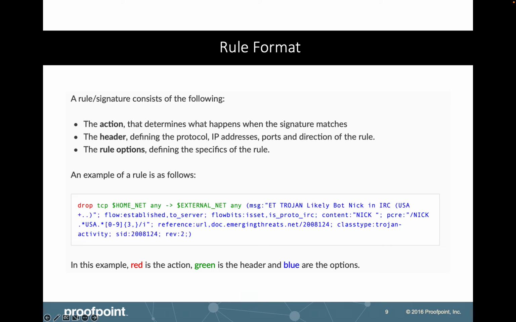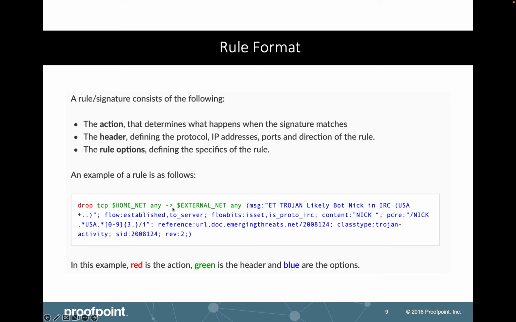The header defines the protocol, the IP addresses, ports, and direction of the rule. So TCP in this case is the protocol. HomeNet is basically a network variable that I talk about a little more on the next slide. You've got HomeNet and then any after that, which is the port specification.